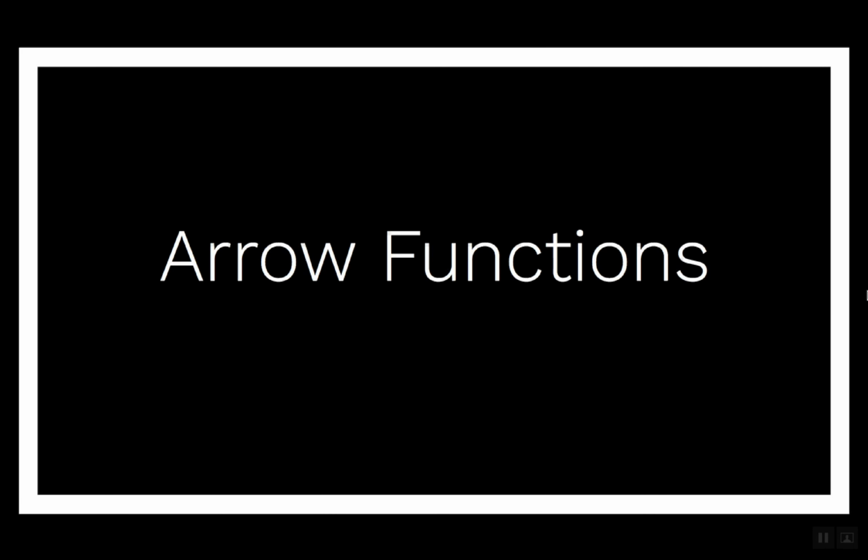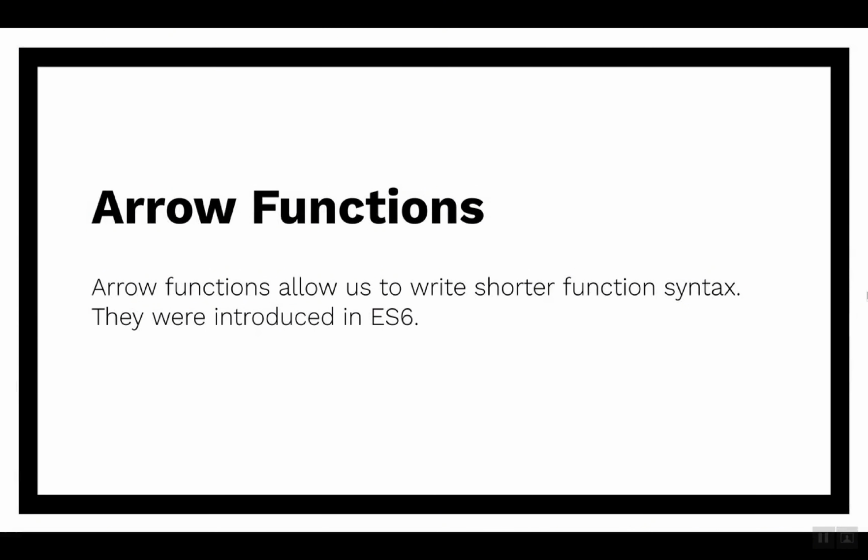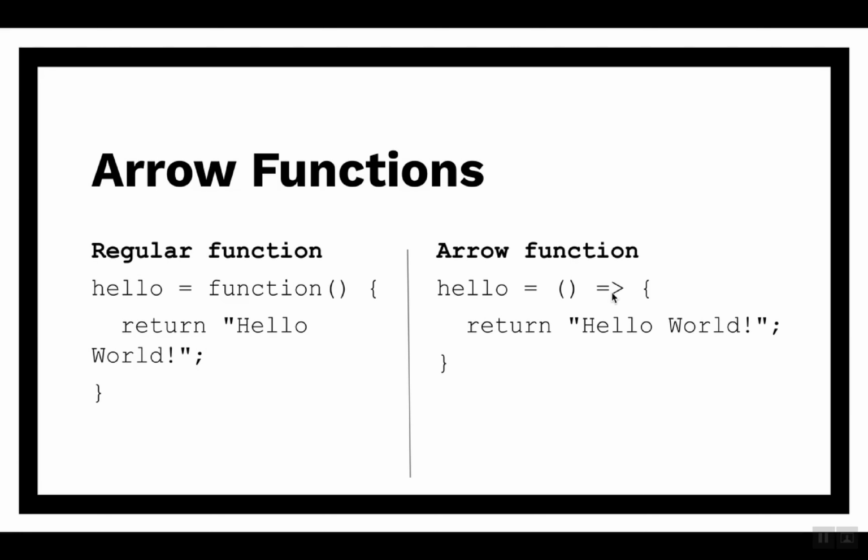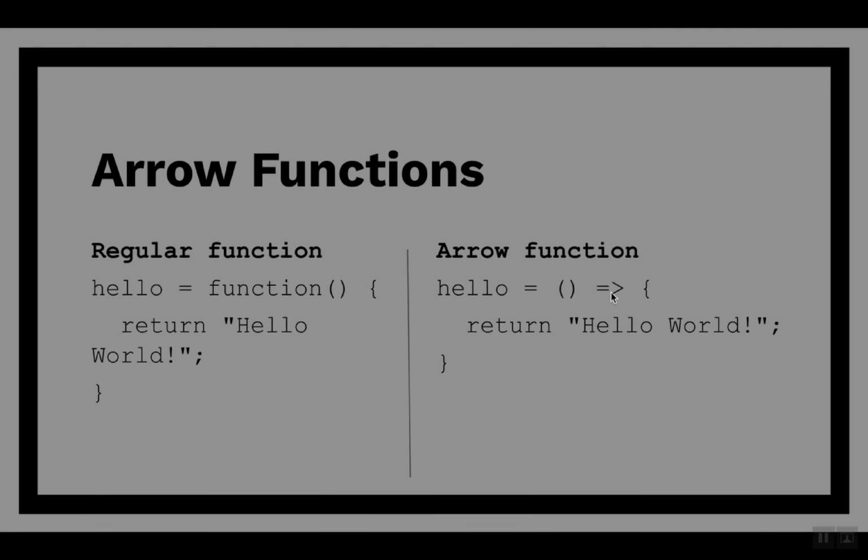So arrow functions. Arrow functions are also known as fat arrow functions. They are new and they were introduced in ECMAScript 6. They allow us to write a much more concise syntax for writing function expressions. They utilize a new token called fat arrow right here.